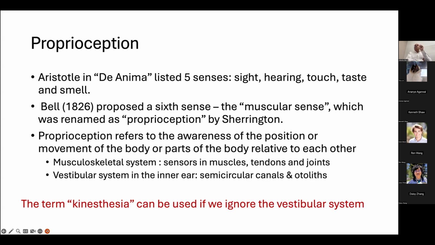It's pretty straightforward that the stretching of the muscle is going to be related to the joint angle, and if you can measure that signal in the nerve, that's going to be useful to the brain for figuring out joint angles. So I think I dealt with the musculoskeletal system: sensors in the muscles, tendons, and the joints.